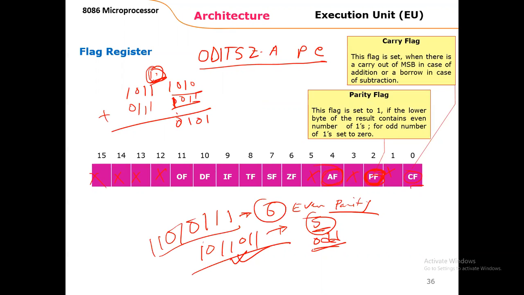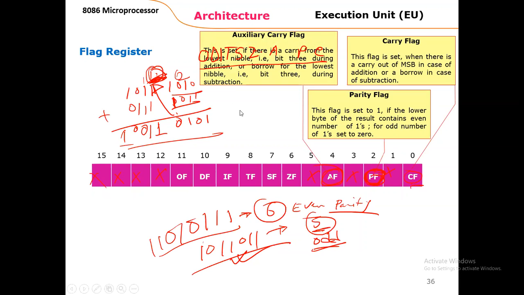Now 1, 1, 1 gives 1. Then double 1 is 0. So this is your data. This carry is the normal carry flag, and this is the auxiliary carry. After a 4 bit carry, this carry is the auxiliary carry. All are clear? This is your auxiliary carry.